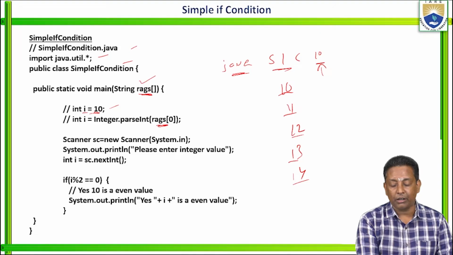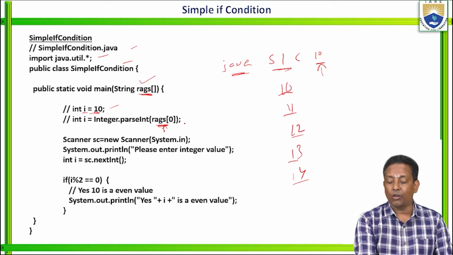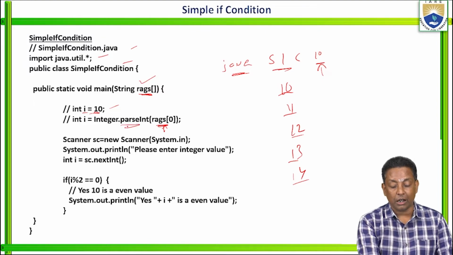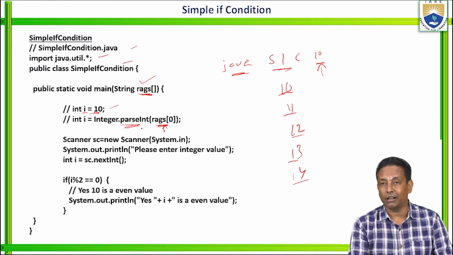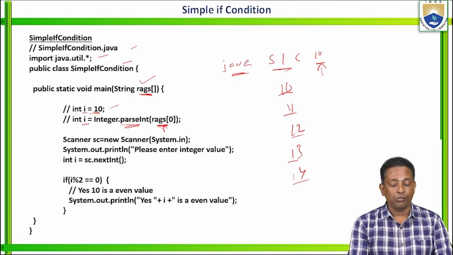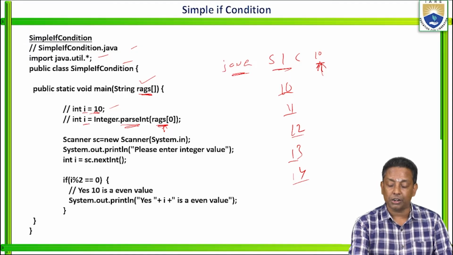From that args array, we retrieve the 0th index value, the first command line argument. Input always comes as a string. To convert string to int, we use Integer.parseInt. This was already discussed in the data type session. So we have taken it into an int variable. So one way of taking user input is from the command line argument.